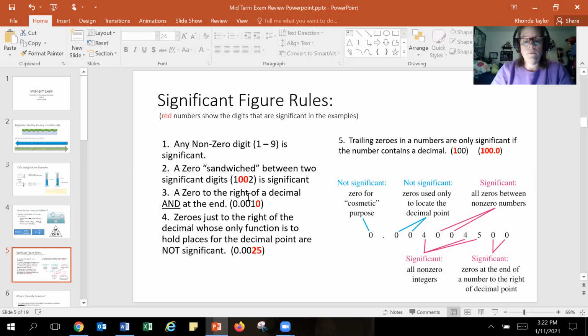If you have a 0 to the right of a decimal and a significant digit, such as this 0 on the other side of the 1, that one is considered significant, but leading zeros, which we call placeholders, would not be significant. So you just have to remember some of those rules for this multi-step problem.